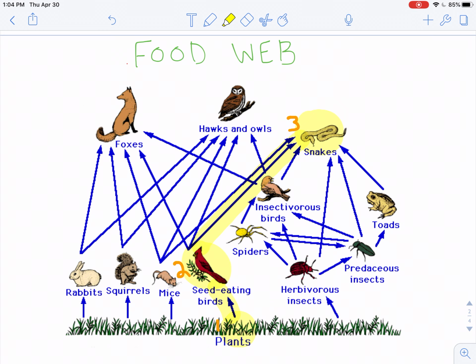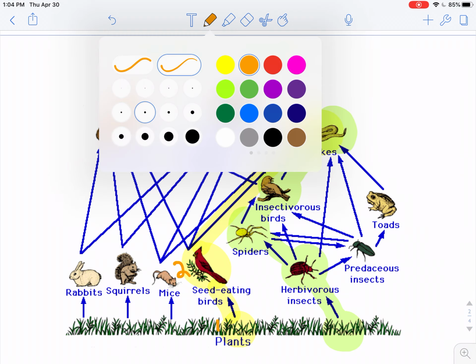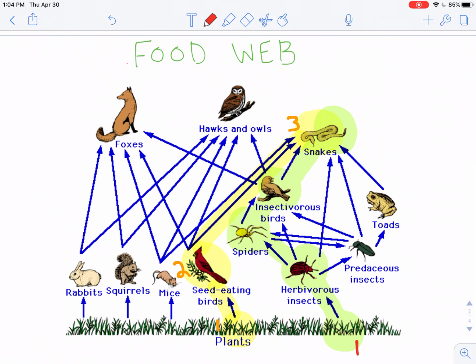All right, let's pick another food chain. How about if the plants get eaten by the insects, insects get eaten by spiders, spiders eaten by birds, and birds eaten by snakes? If I label those steps with a different color, we have the first trophic level, the second trophic level, the third trophic level, the fourth trophic level, and the fifth trophic level.